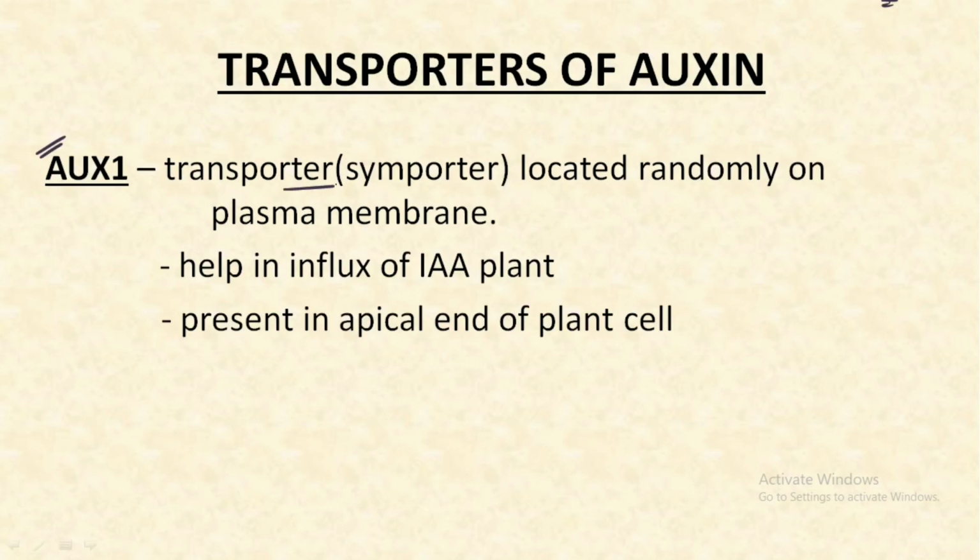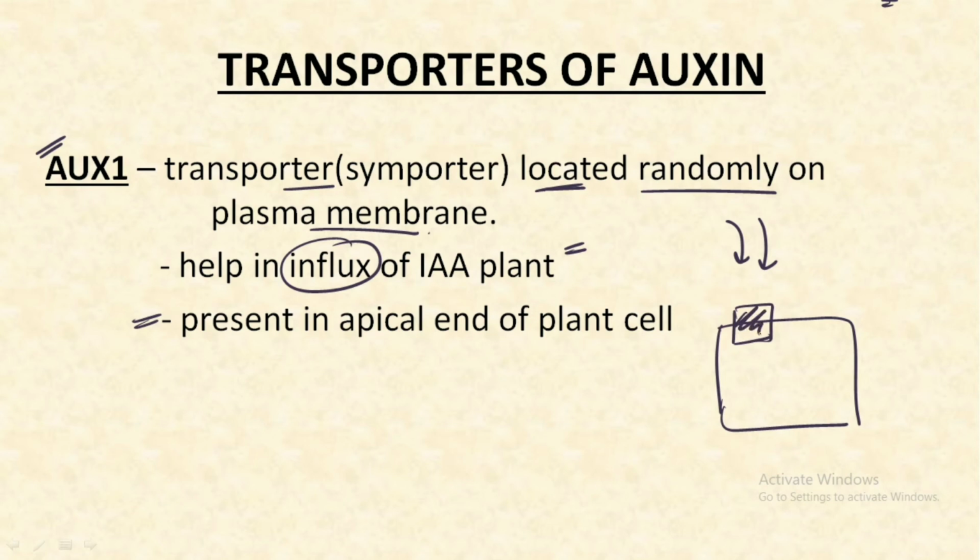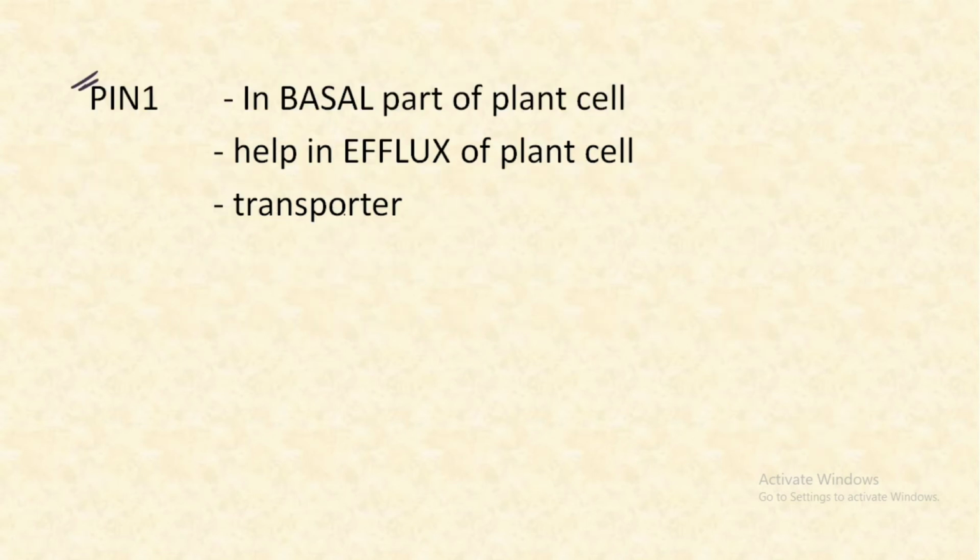AUX1 is a transporter that is located randomly on the plasma membrane. It helps in the influx, that is the entry of auxin into the plant cell, and it is present at the apical end. That is, consider this is a cell, AUX1 would be present at the apical part, and the second one, PIN1, is present at the basal part of the plant cell.